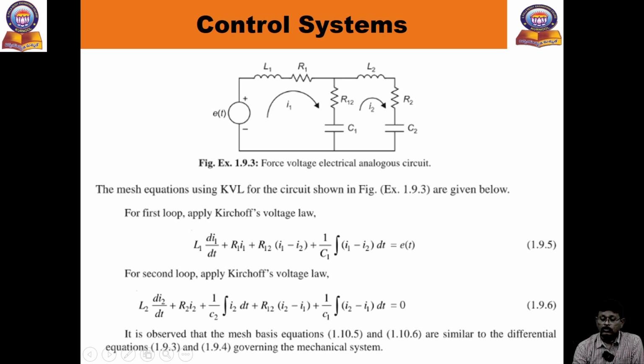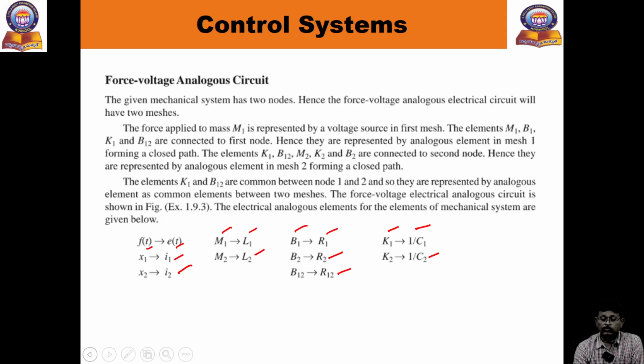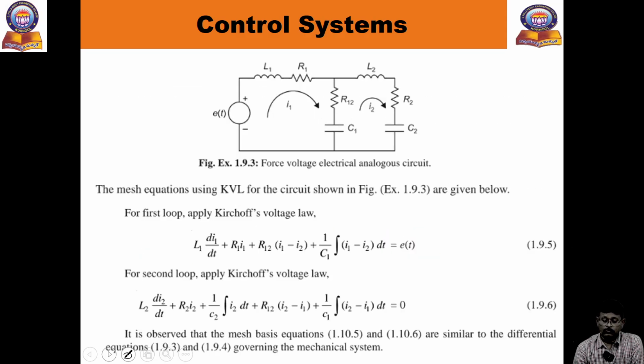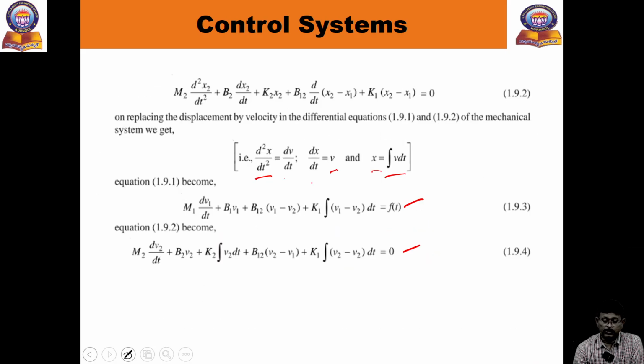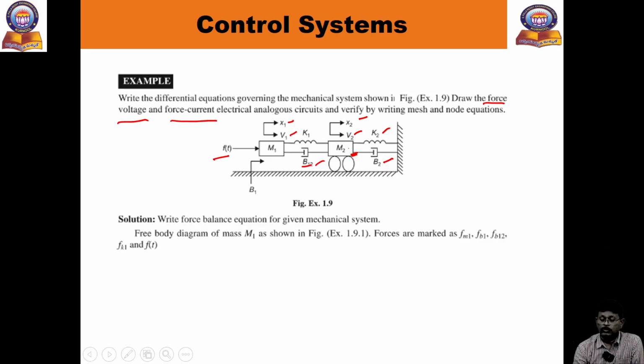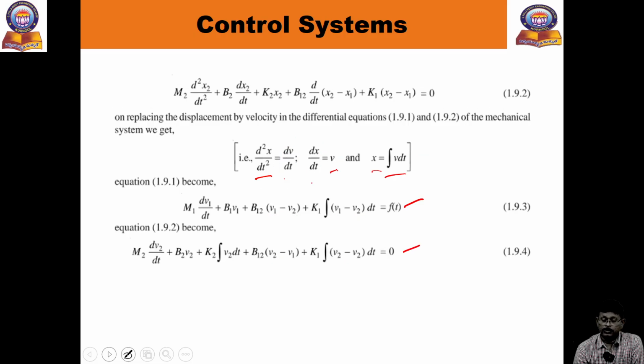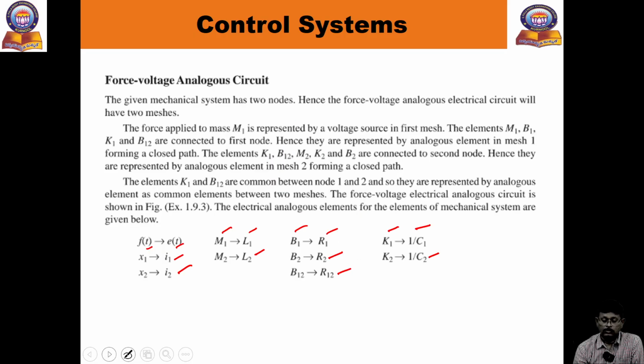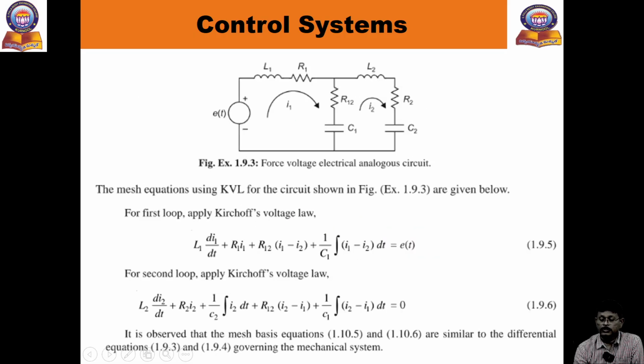Now you can observe this is the circuit of the force voltage analogy. How many sources are there here? M1 and M2, so there are two masses, so we get two loops. How many loops can you observe? Two loops are there.